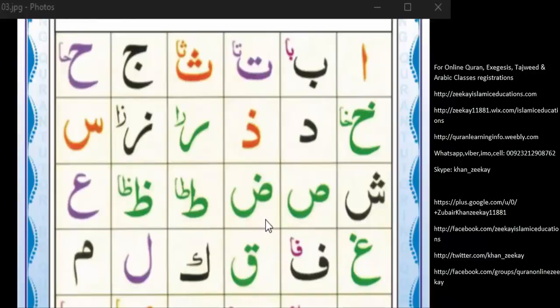The next letter is Dad. The origin of letter Dad has a big detail.